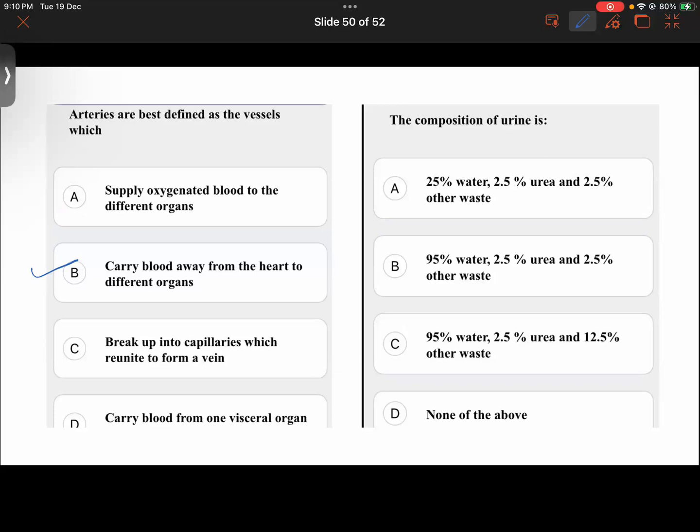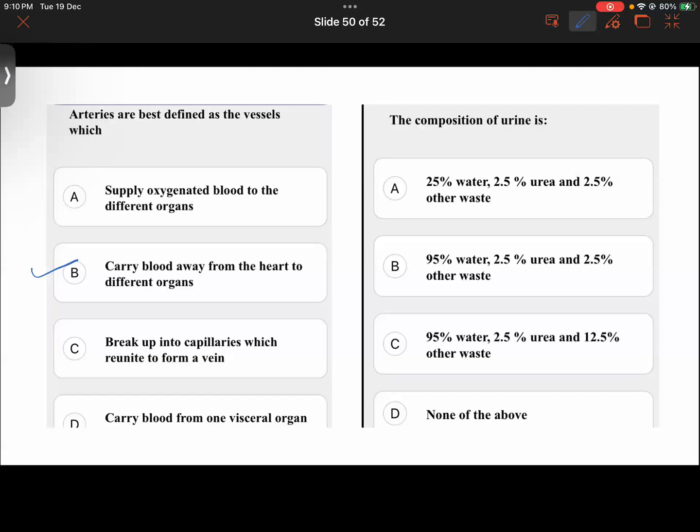Now, basically, what is the composition of the urea in the blood? I guess it's the first one, like 25% water, 2.5% urea, and 2.5% other waste.